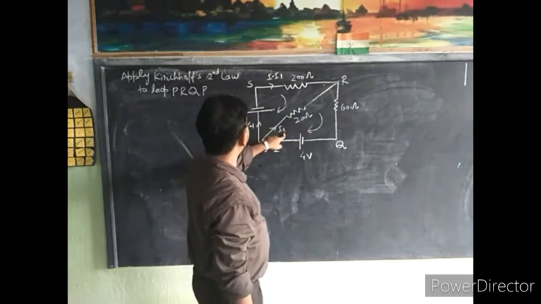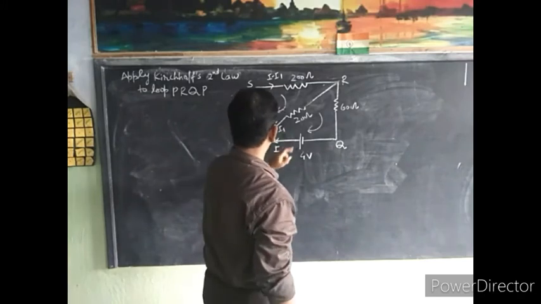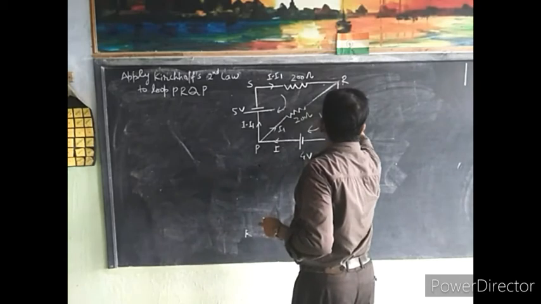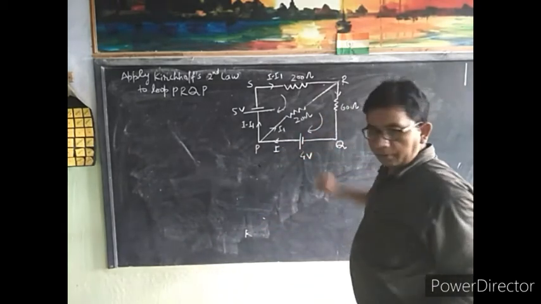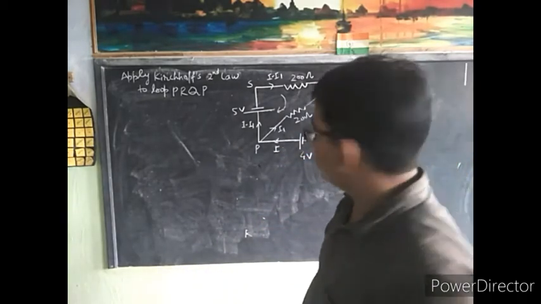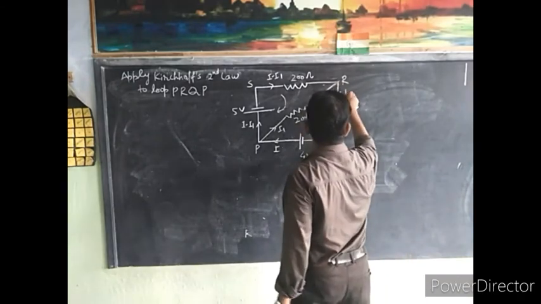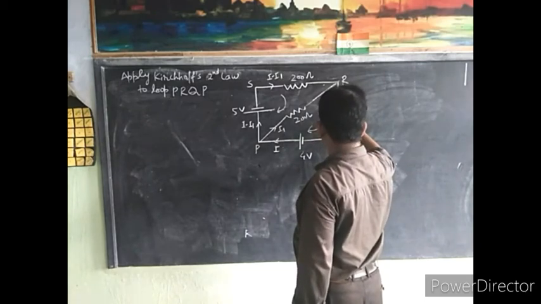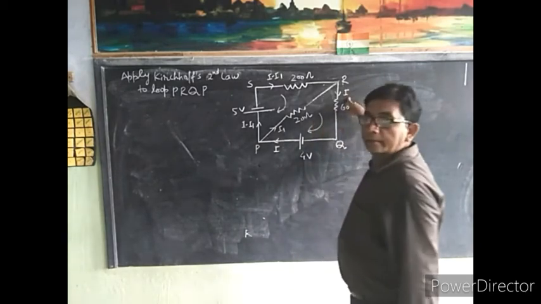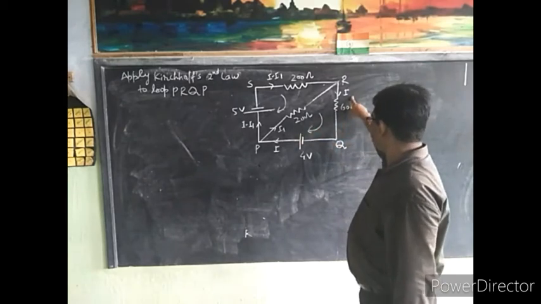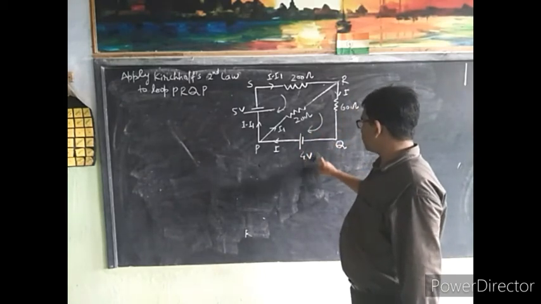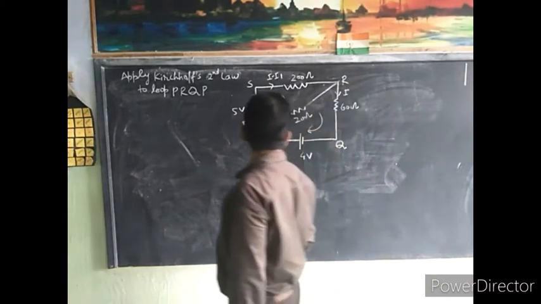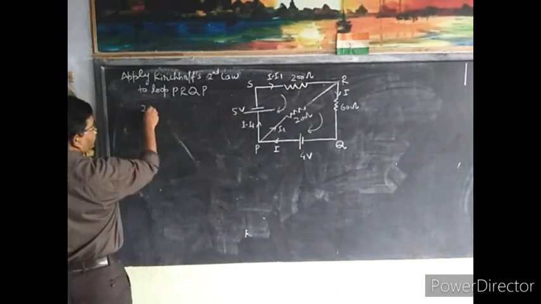Here the current I1 is flowing, and this is current I. 20 I1 plus 60 I is equal to 4 volt, because we are going from negative terminal to positive terminal.